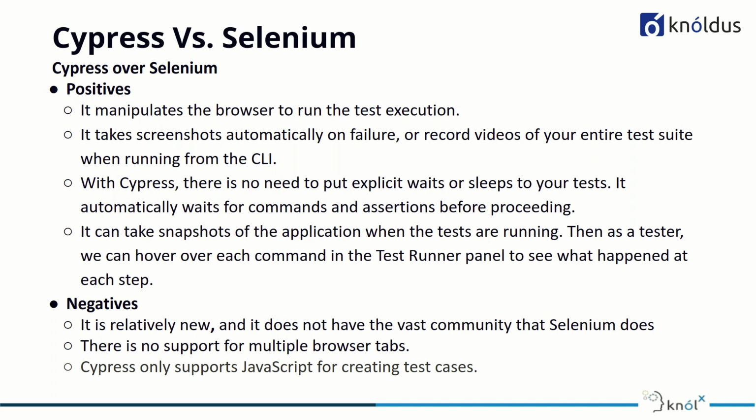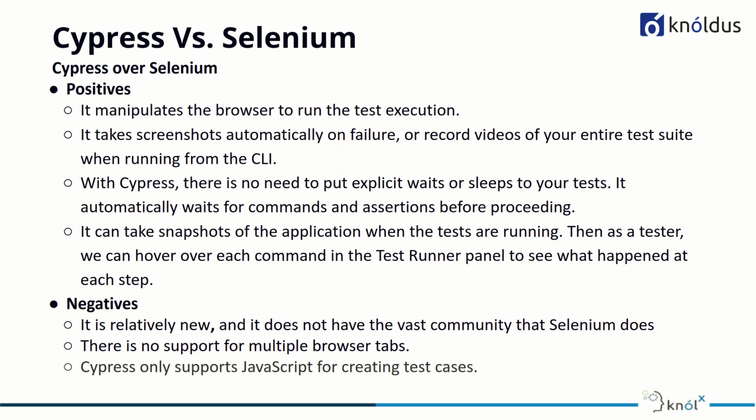So coming on to Cypress over Selenium. These are the points that I could gather for the positives and negatives of Cypress over Selenium. Cypress manipulates the browser itself, and as I said in the previous slide, we can have recorded videos and screenshots. Cypress also waits and retries automatically before failing a test, to see that the element is there or not.